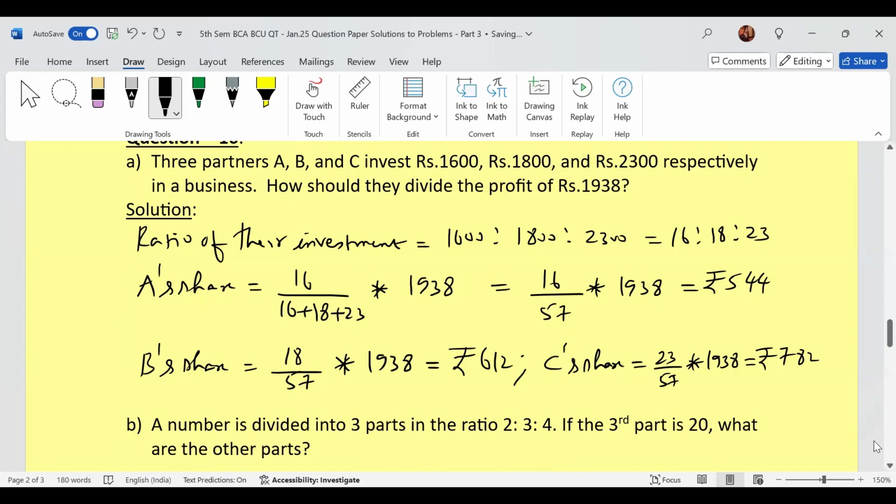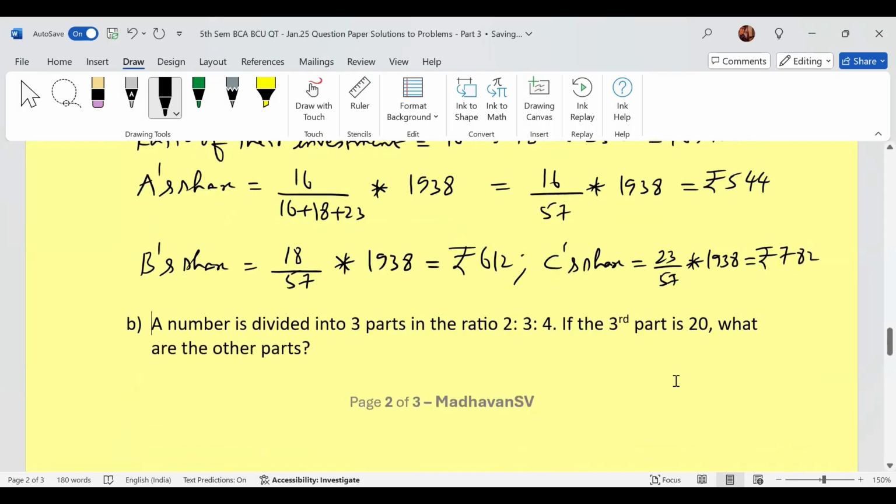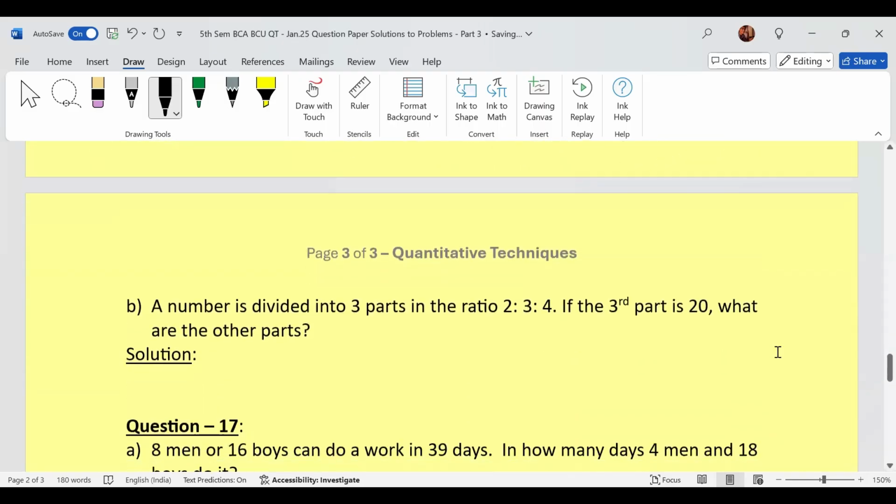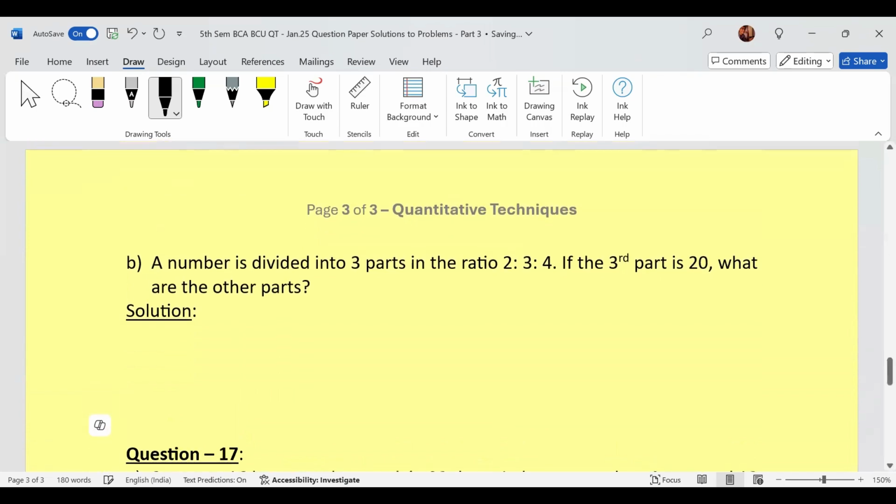Next one, a number is divided into three parts in the ratio 2:3:4. If the third part is 20, what are the other parts? So since the ratio is given as 2:3:4, we can say let the parts be 2x, 3x, and 4x.